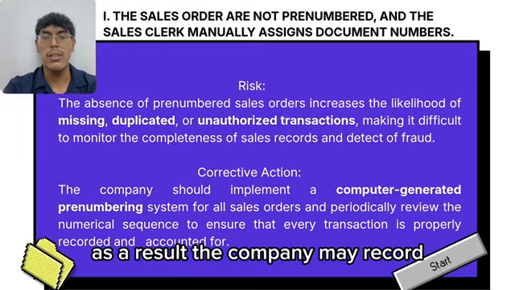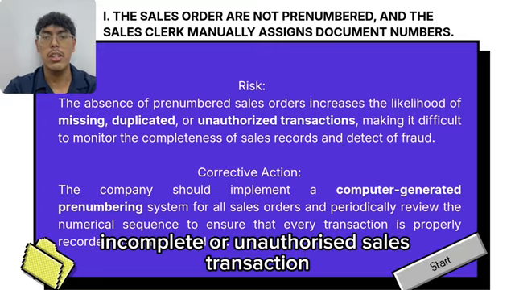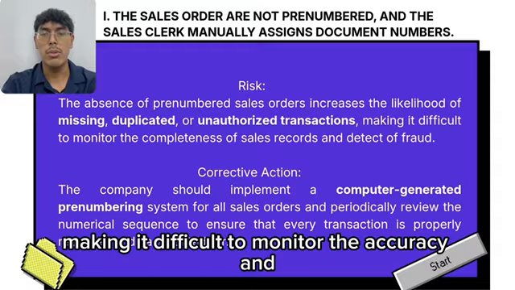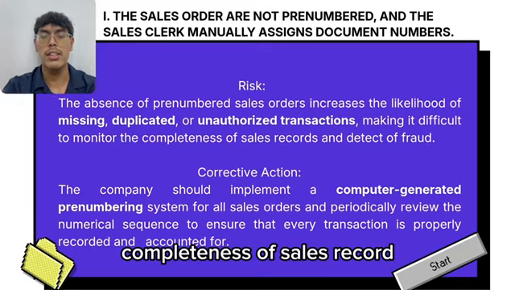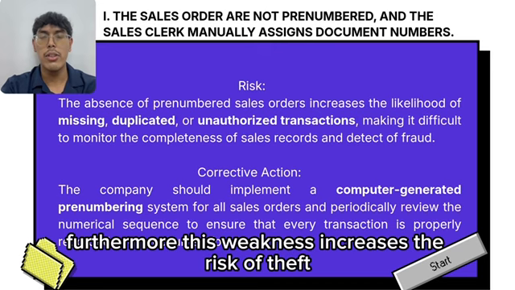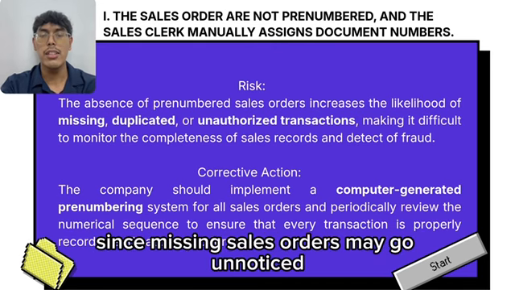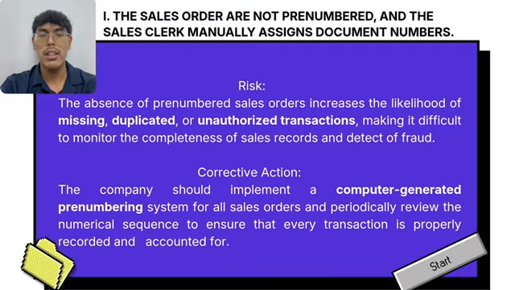As a result, the company may record incomplete or unauthorized sales transactions, making it difficult to monitor the accuracy and completeness of sales records. Furthermore, this weakness increases the risk of fraud, since missing sales orders may go unnoticed.